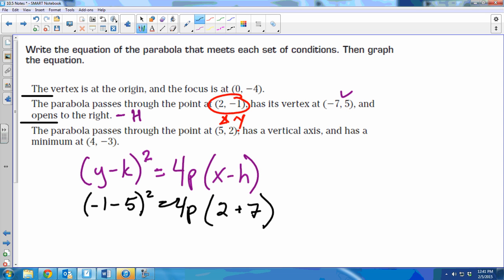So -1 minus 5 is -6, and -6 squared is 36. We're solving for p. 2 plus 7 is 9, right? Then I have 4p times 9. So 4 times 9 is 36, so 36p. So p equals 1.